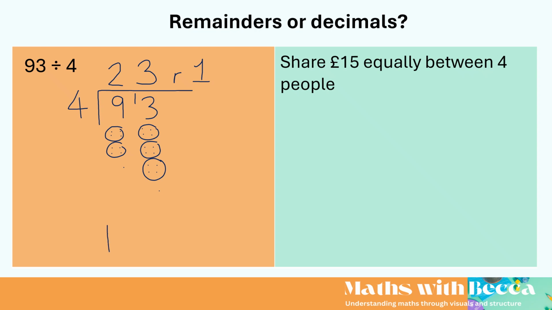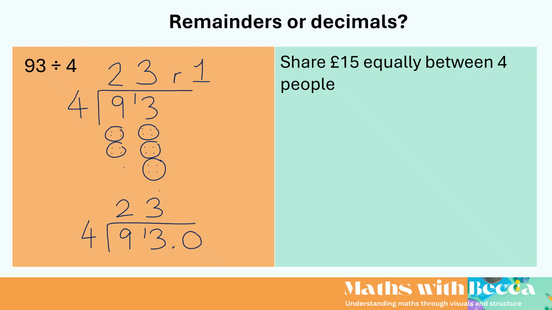Or another way I could do it is if I set up this bus stop again. We know we can get 2 groups of 4 into 9 with 1 left over, 3 groups of 4 into 13. If I've got nowhere to carry that extra 1, what I can do is put a decimal point and a 0. So 93.0 is the same as 93.